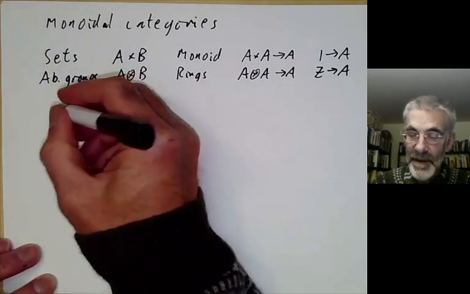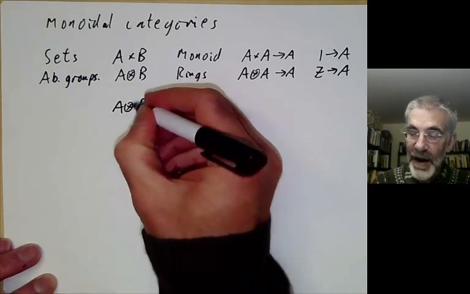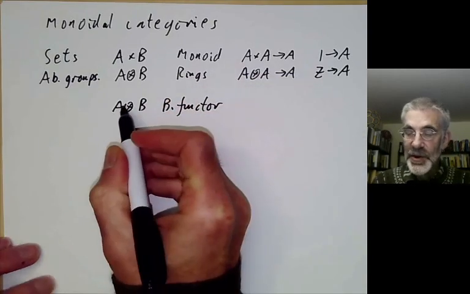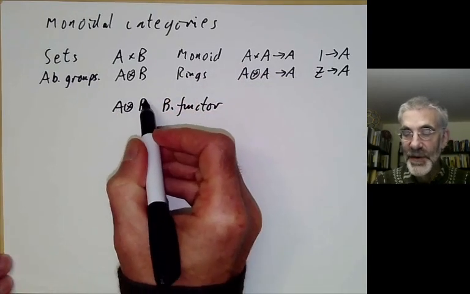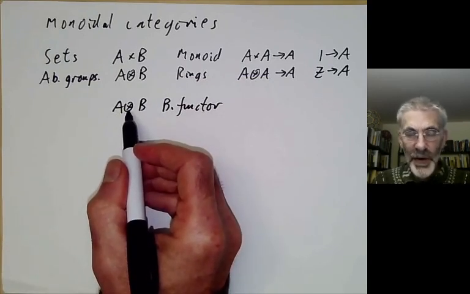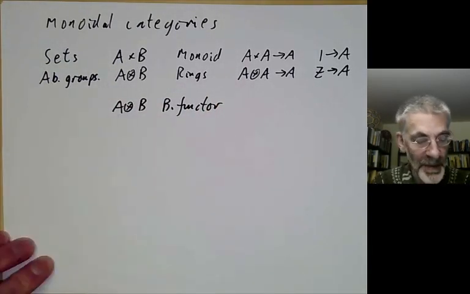So the category should have some sort of bifunctor taking two objects A and B of the category to something, which I'm going to write as a tensor product sign, although it need not be a tensor product. It might be a product, for example, but I've got to write it as something.